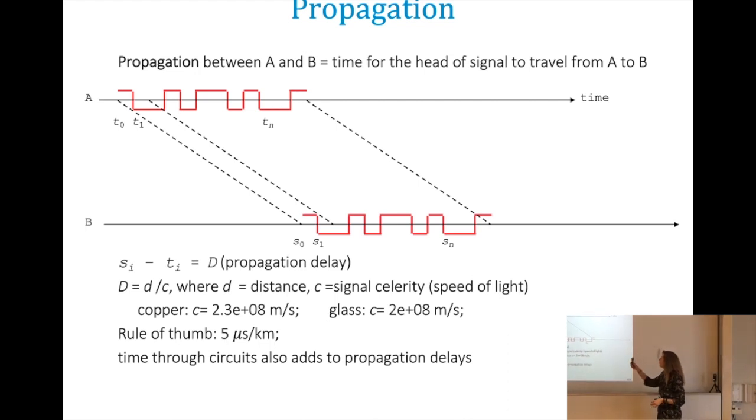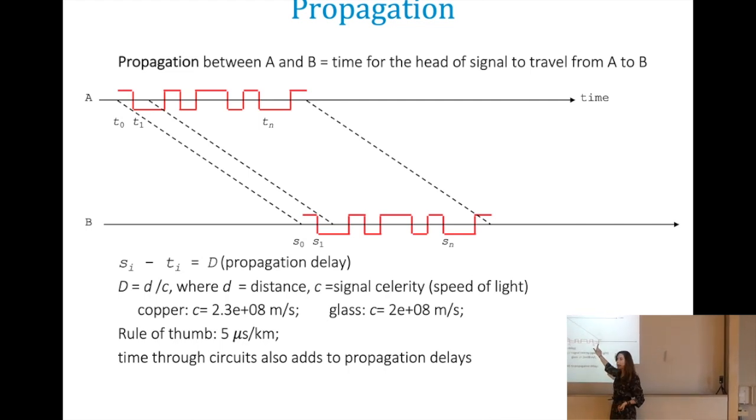So in this diagram, we have time on the horizontal axis and space on the vertical axis. The formal definition is that the propagation time is the time for the head of the signal to travel from A to B. Typically, this is the transmission time on the horizontal axis, and like this, you have the propagation time.